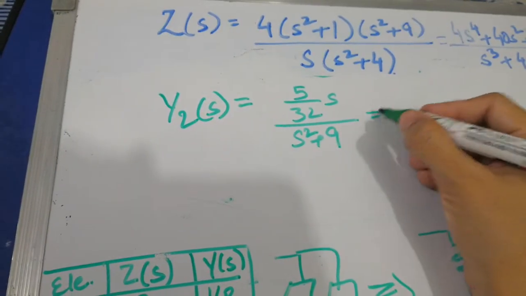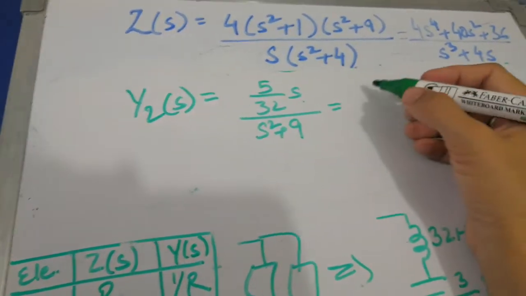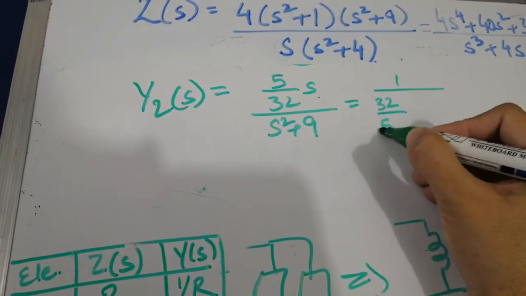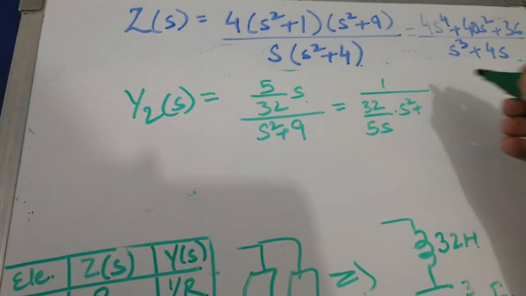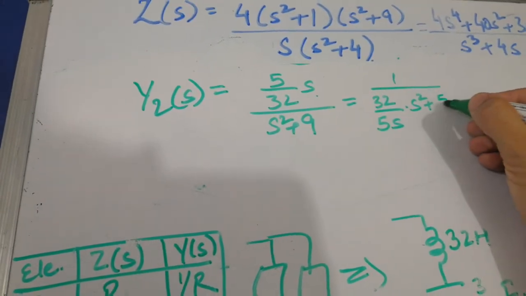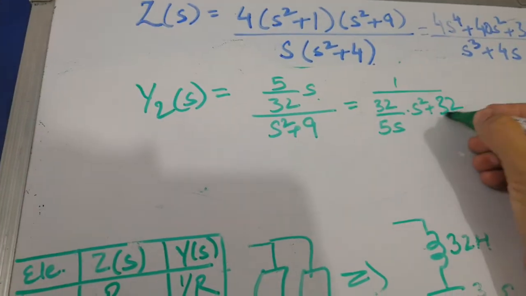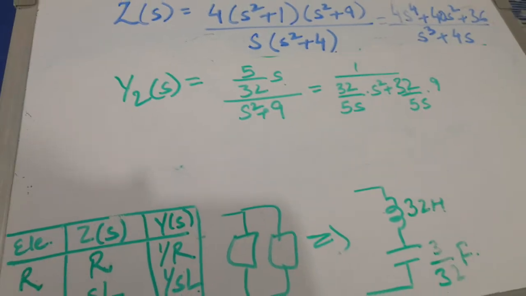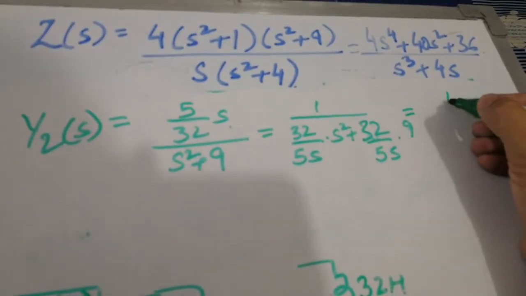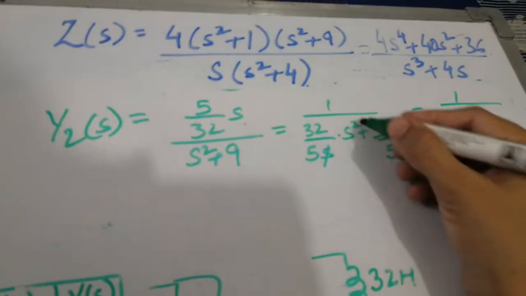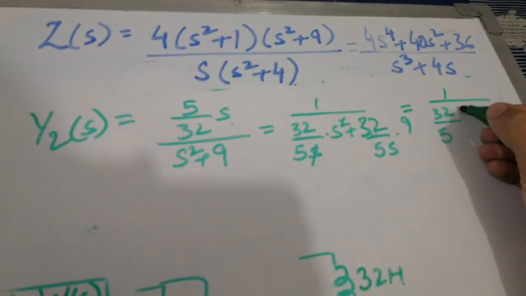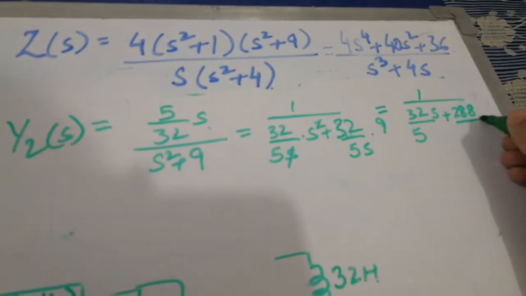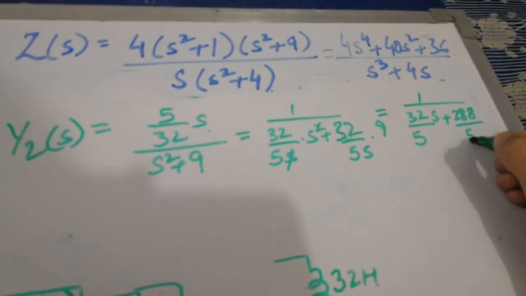So the same procedure we are going to do. We are going to take it to the denominator, and here we are going to get 1 upon 32 upon 5s into s square plus 32 by 5s into 9. So I'm going to get 32, this s and s cancels out, 32 by 5 into s plus, 32 into 9 is 288 divided by 5s.